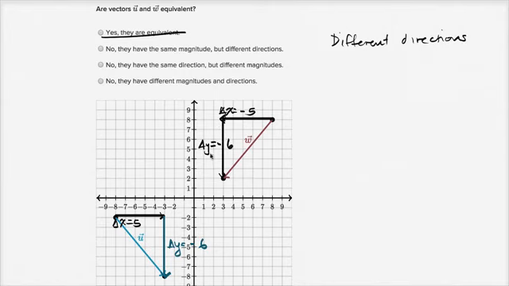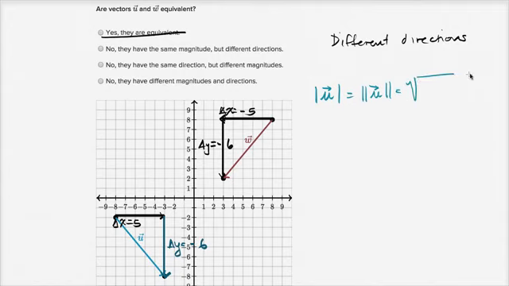Now, based on the changes in x's and y's, I can figure out the magnitude of each of these vectors. The magnitude of vector u, sometimes you'll see the notation like this, is going to be equal to, we're just going to use the Pythagorean theorem here.